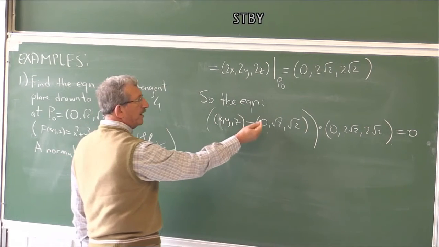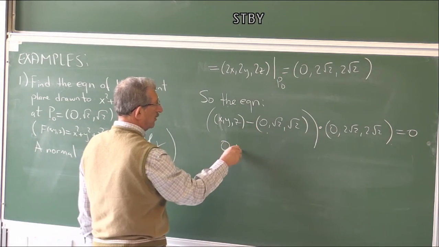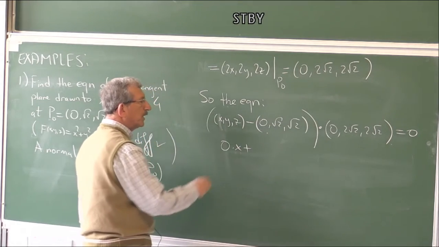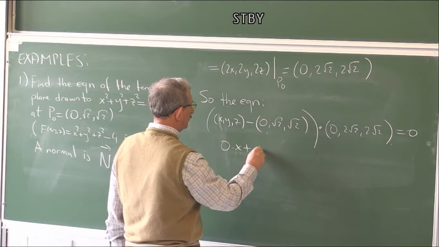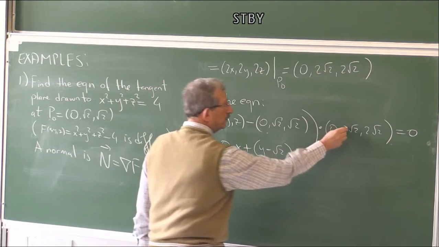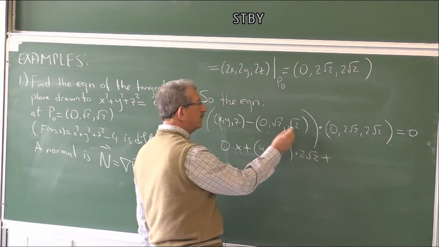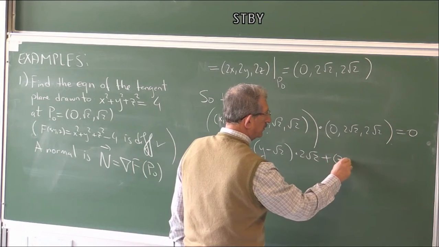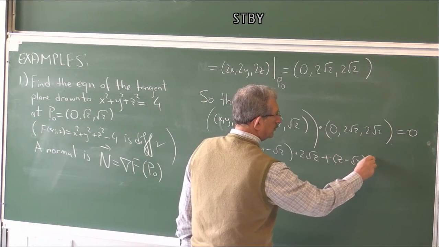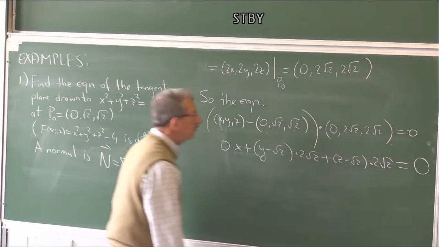We have x dot 0 plus y minus root 2 dot 2 root 2 plus z minus root 2 dot 2 root 2 is 0.